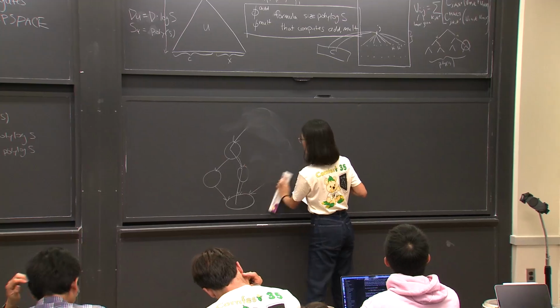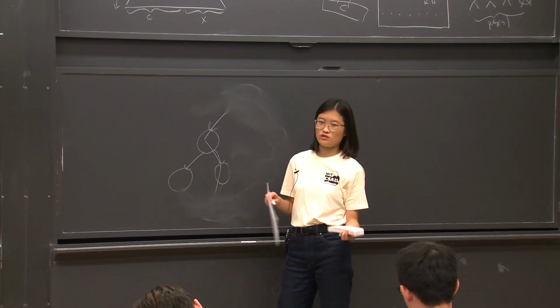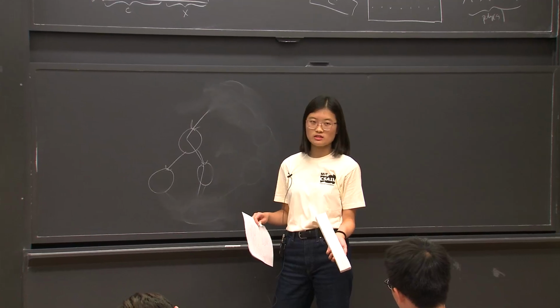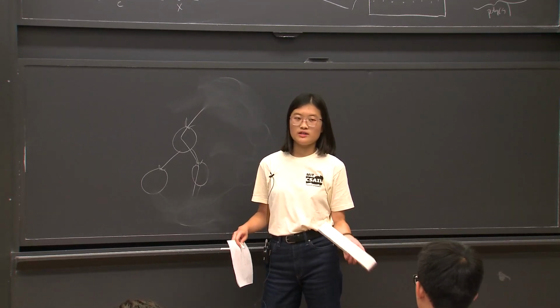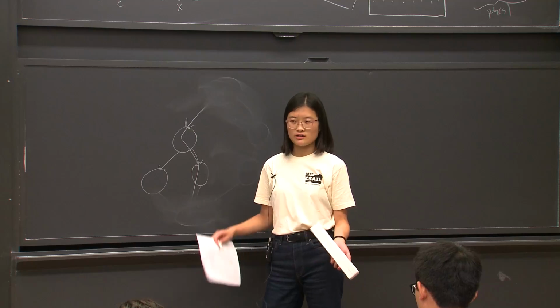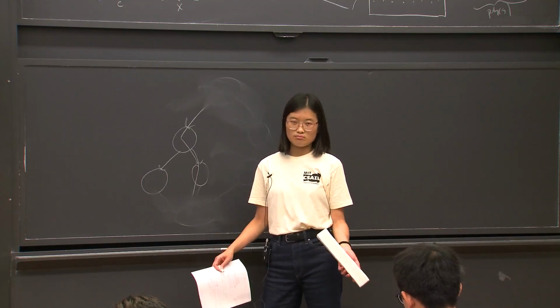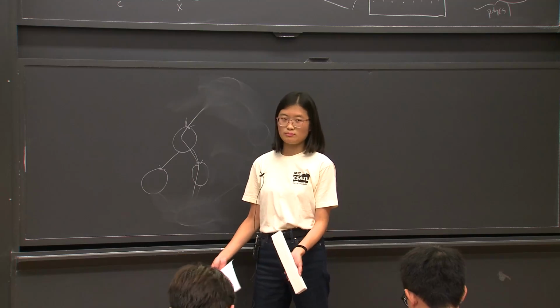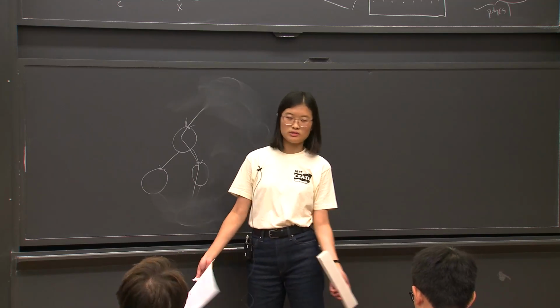Maybe just to summarize what we've done, we've essentially replaced this C, which has a complicated add and multi gate description, with a universal circuit which has a much simpler add and multi gate description. Now we're going to run GKR on the universal circuit instead of the original circuit C. The output is still the same because the universal circuit will simulate C and compute C of X. But now the verifier can themselves compute add and multi.